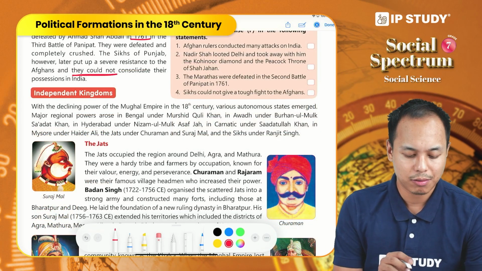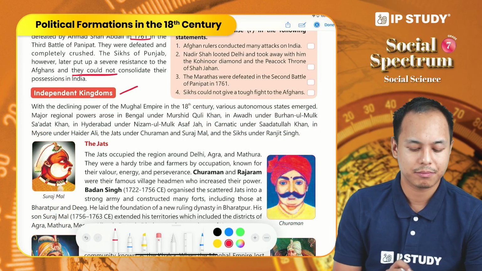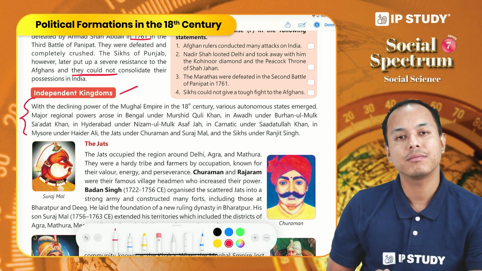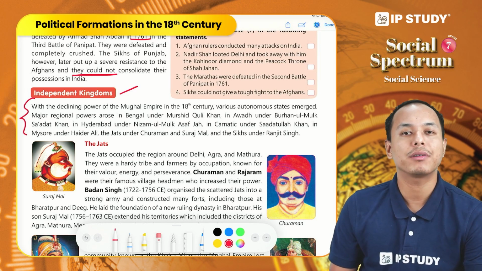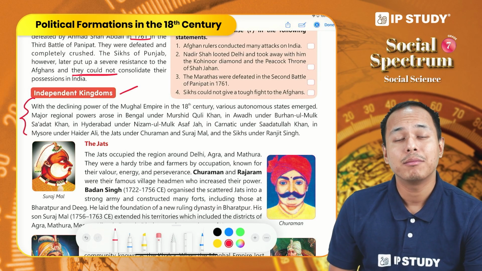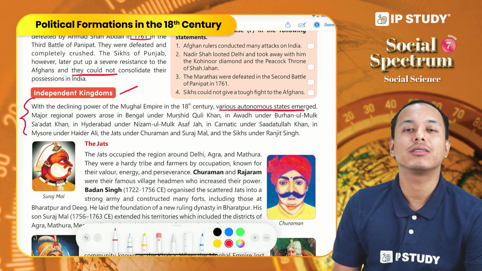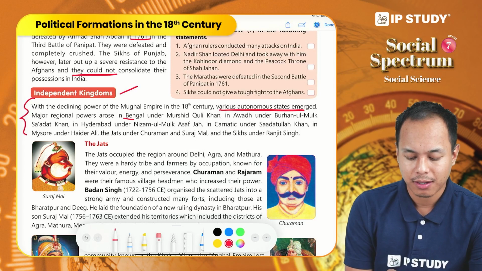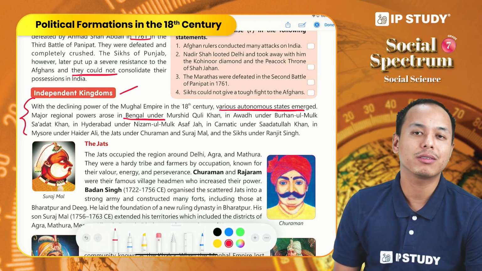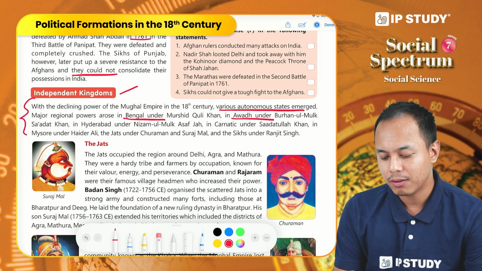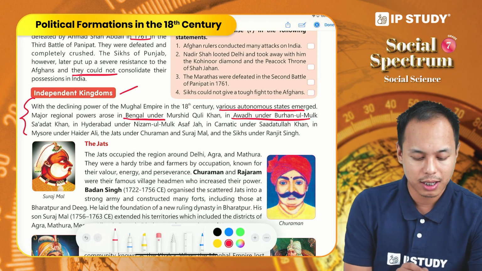So now the next topic is independent kingdoms. In the 18th century, as we have already discussed, the Mughal Empire was slowly declining, but at the same time various autonomous states were emerging. In Bengal, we find Murshid Quli Khan. In Awadh, Burhanul Mulk Saadat Khan.